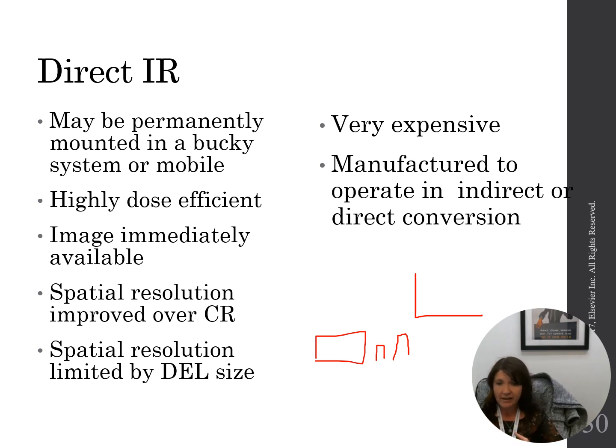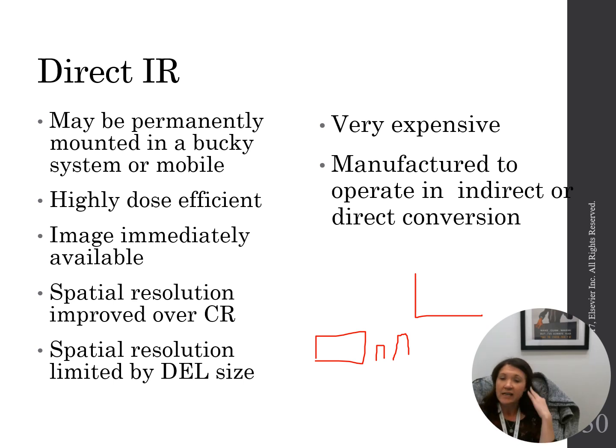Images are immediately available. We are finding that these do have the highest efficiency or the highest DQE when used at higher kVps. Their spatial resolution is better than CR and probably better than indirect as well, because we're not using light, and when we use light, it spreads. With this, we have a direct interaction of the ion to the TFT, so we shouldn't have that spreading of signal.